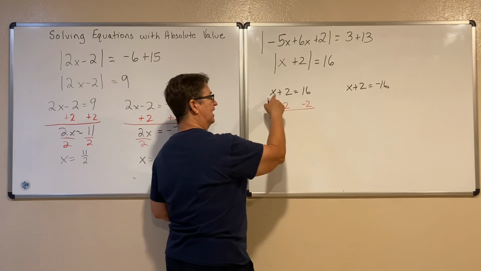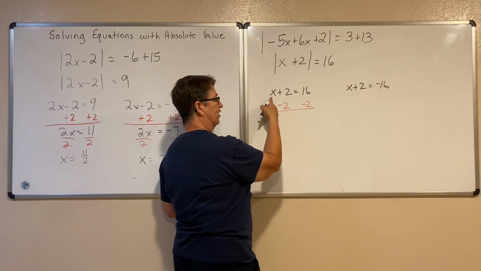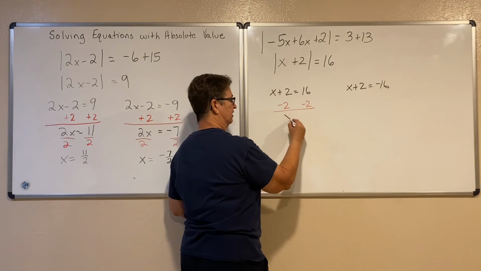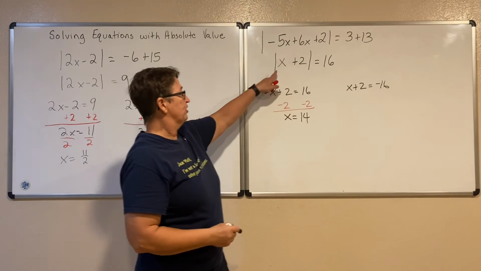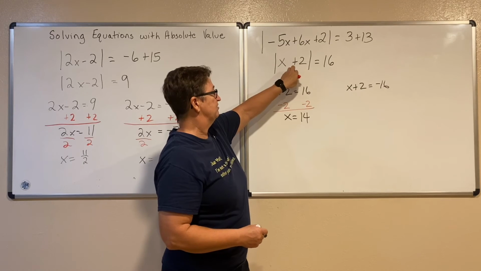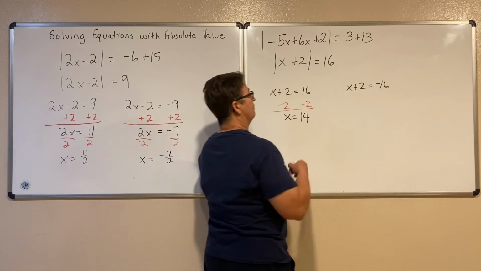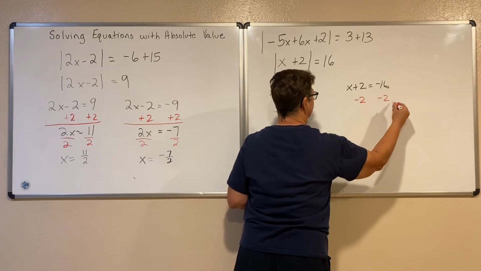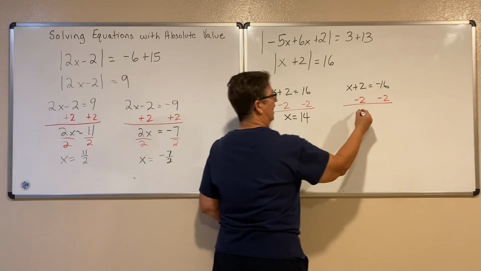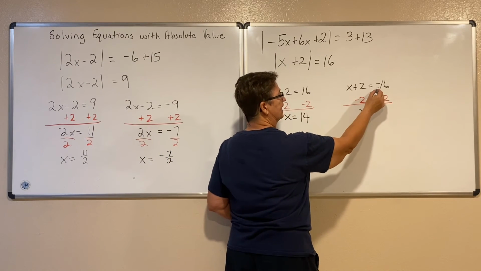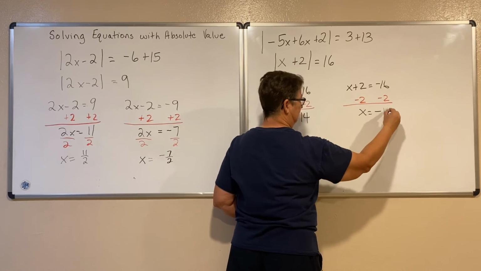Now to isolate that x, I'm just going to subtract 2 from both sides, or you're asking yourself, what number plus 2 gives me 16? So 14 would work in here. 14 plus 2 gives me 16. The absolute value of 16 is 16. On this side, I subtract 2 from both sides, but here, negative 16 minus 2 gives me a negative 18.